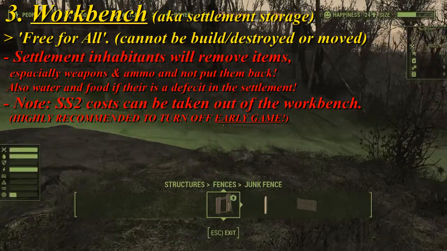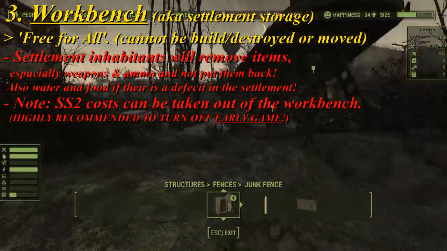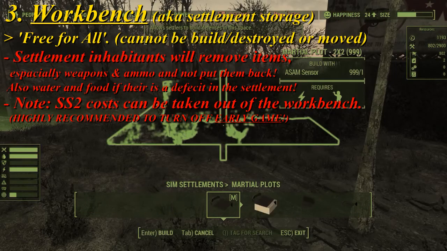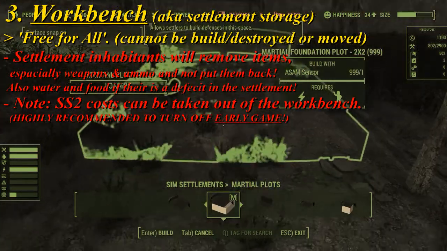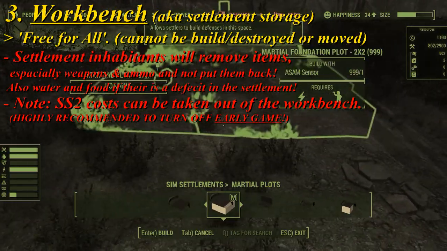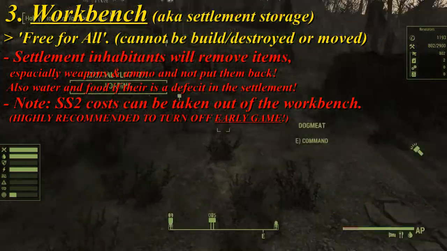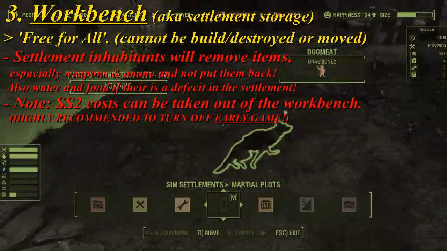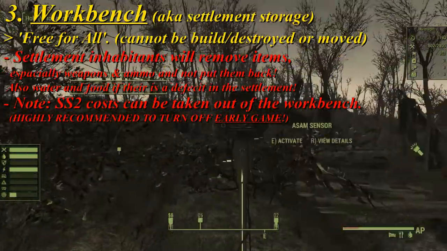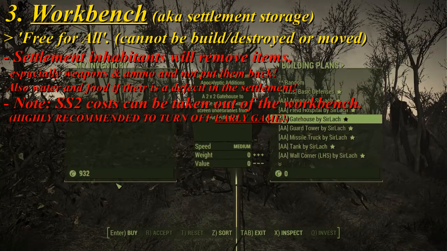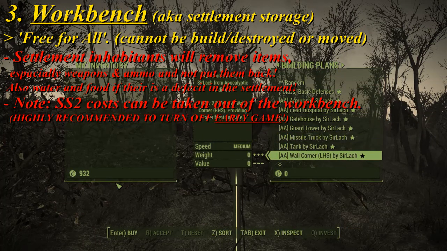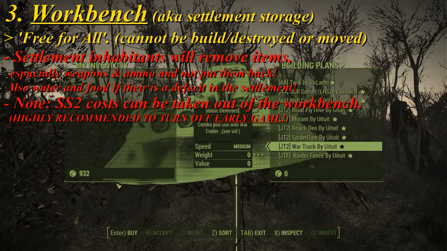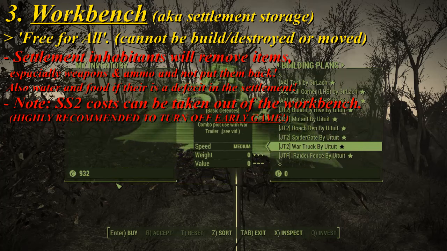But do know that the workbench, as well as the personal inventory of the character, can be accessed by Sim Settlements 2 plots if your settings are configured in such a manner. So things can, again, disappear out of your workbench. For upkeep costs, for instance, that will be mostly junk, but it can also be food and purified water. This is consumed by your settlers if they don't have access to enough of these items in the fourth container type.